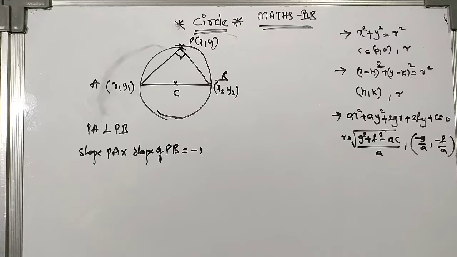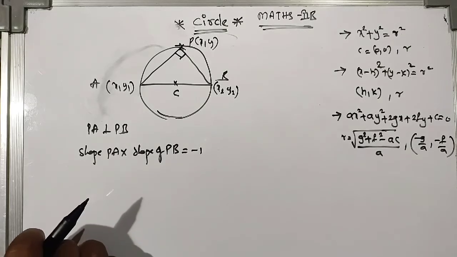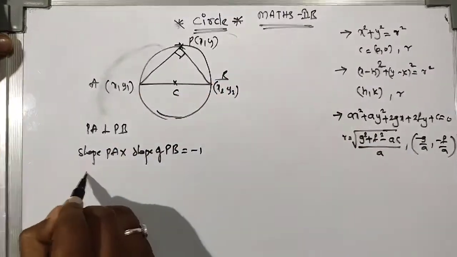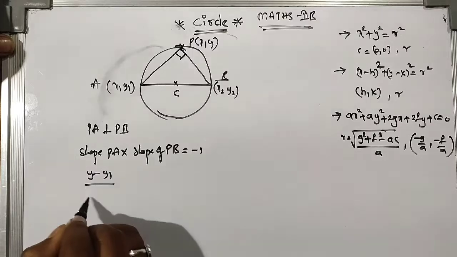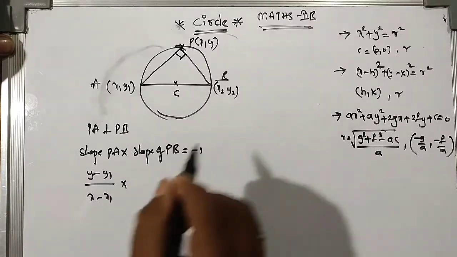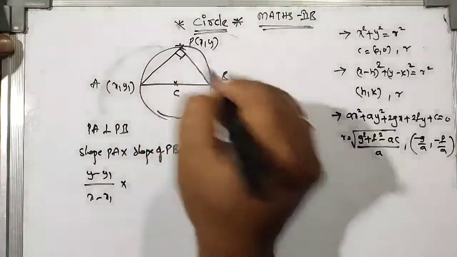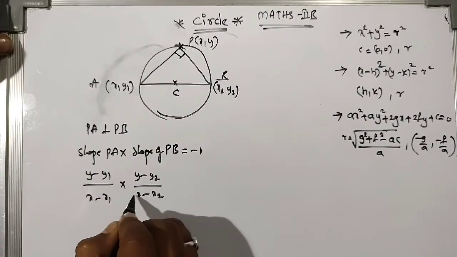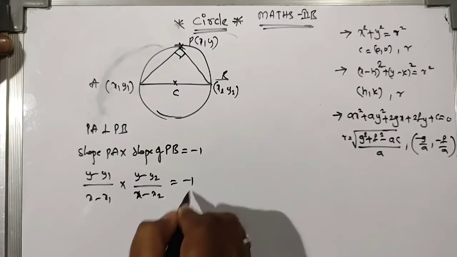We know the slope formula is y2 minus y1 by x2 minus x1. Therefore, y minus y1 by x minus x1 into y minus y2 by x minus x2 is equal to -1.